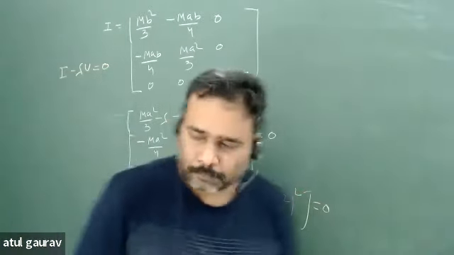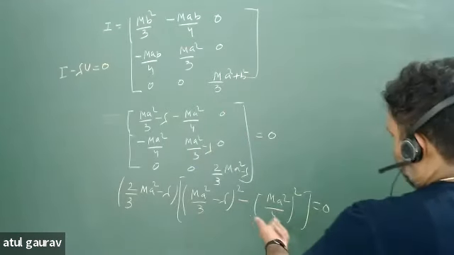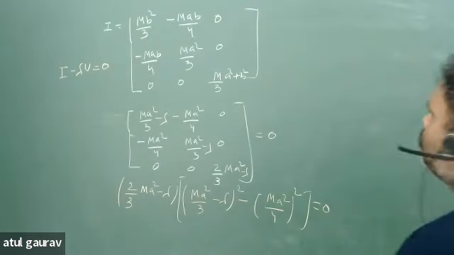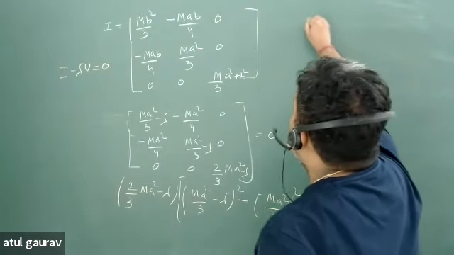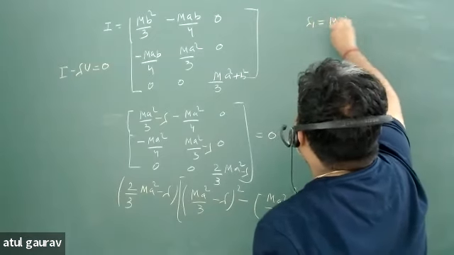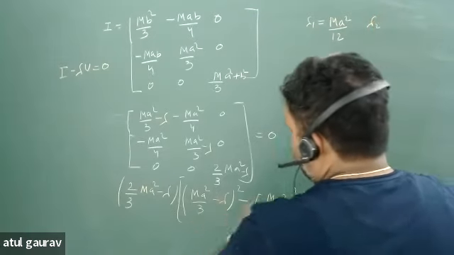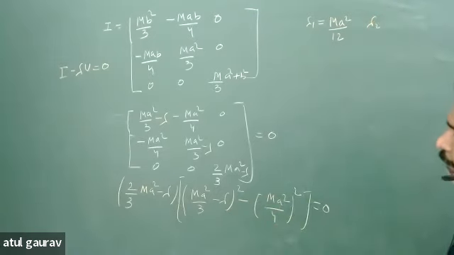Yes? This is just a square minus b square, so you can easily use the first thing. So you have lambda 1 equal to ma square by 12, right? a minus b into a plus b, you can do that, right? See, it is coming.